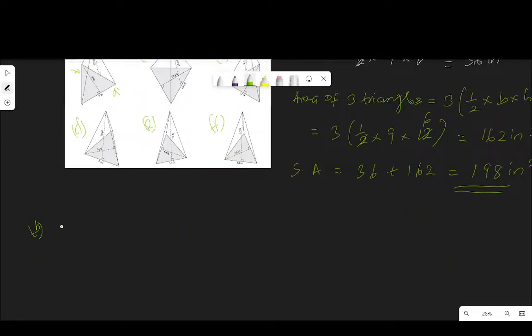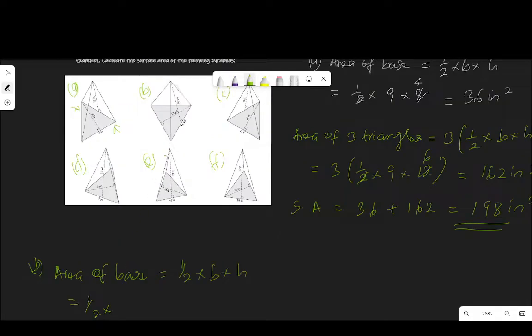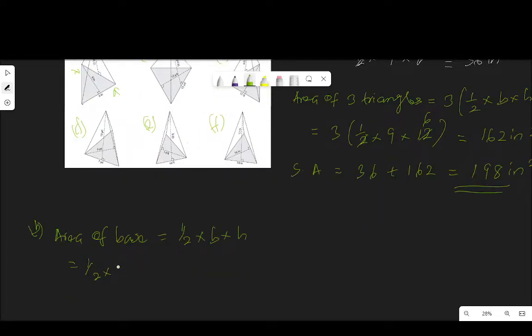So the area of the base is equal to half times base times height. That will be half times the base, which is 15, times the height.